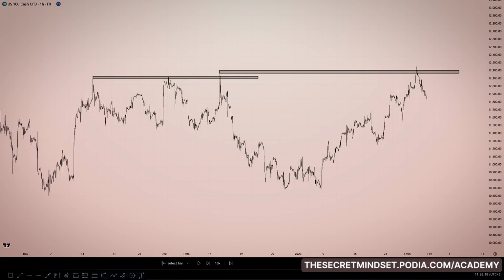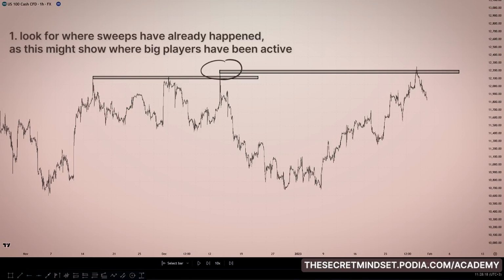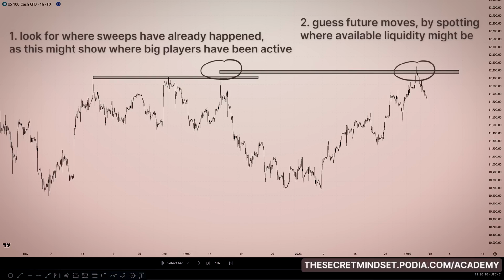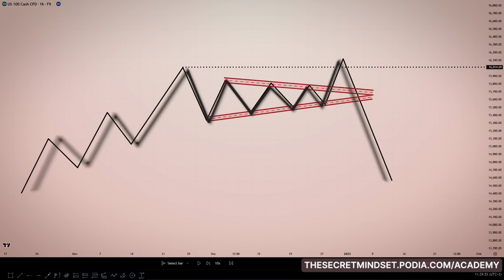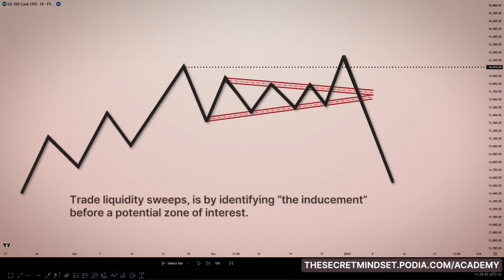Knowing about liquidity sweeps can help you in two main ways. First, you can look for where sweeps have already happened, as this might show where big players have been active. Second, you can use this knowledge to guess future moves by spotting where available liquidity might be. One way to trade these liquidity sweeps is by identifying the inducement before a potential zone of interest.